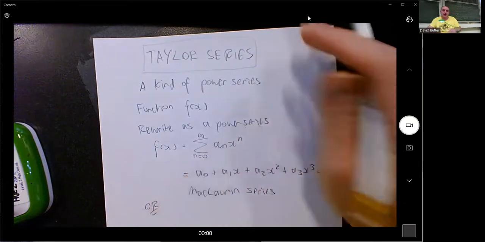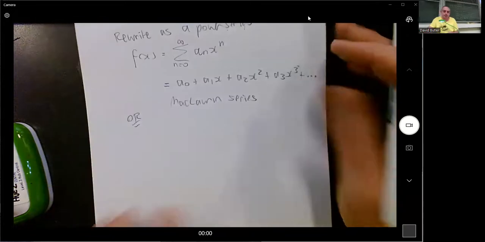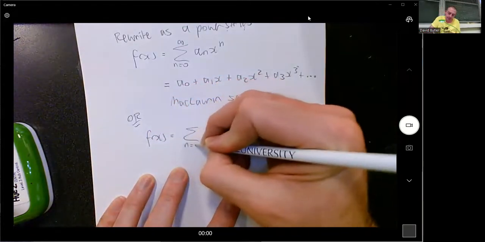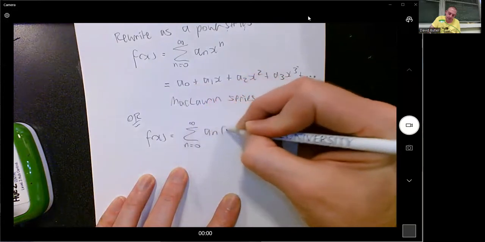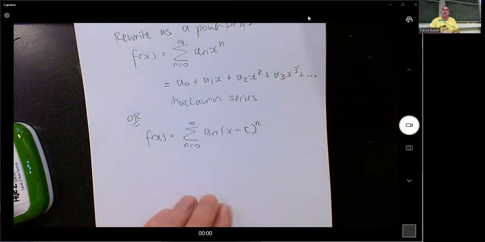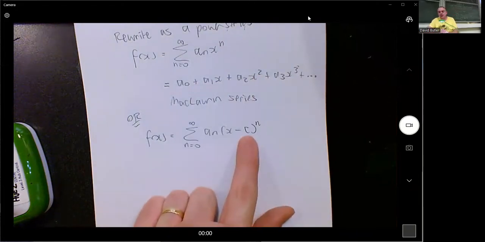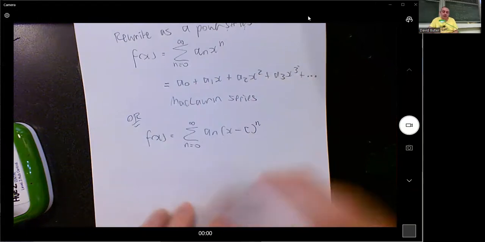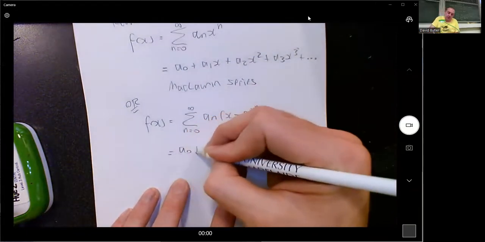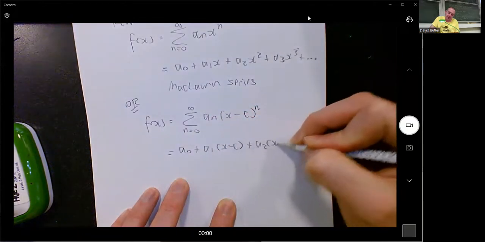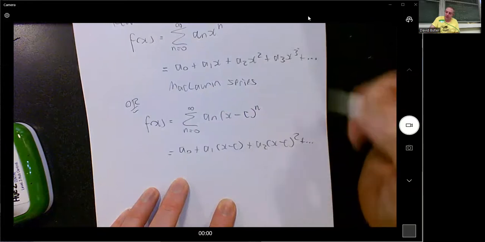Or we could write it like this. Something like that, x minus c to the n. I think sometimes they'd call it a. Doesn't really matter. And so this would be a0 plus a1 (x minus c) plus a2 (x minus c) squared plus forever.